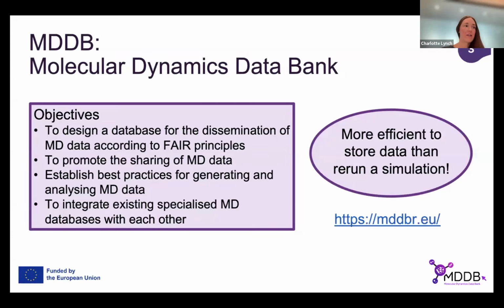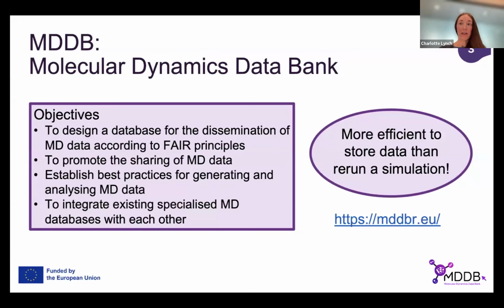The idea here is that we know that molecular dynamics simulations are becoming increasingly important as a tool for looking at biomolecular systems. Users these days are generating terabytes of data, and there's a drive within the community that it would be really good to share this data, rather than, once you've finished with your own analyses, deleting some of the larger files, of course keeping the key ones from which you can still regenerate.